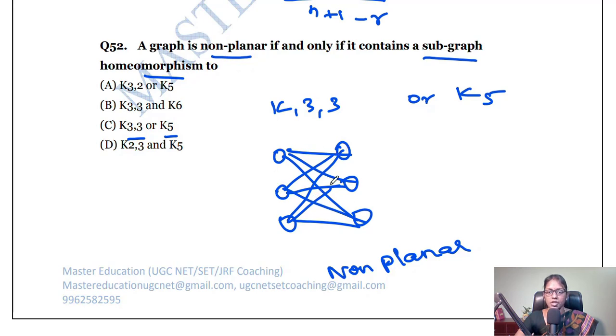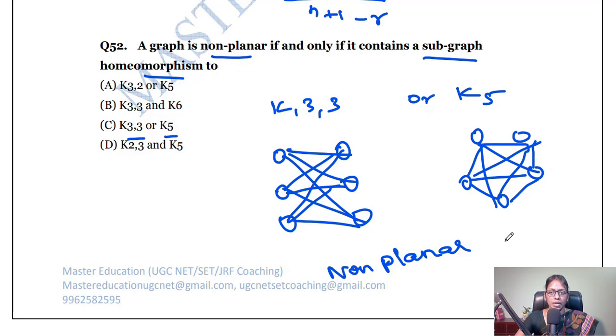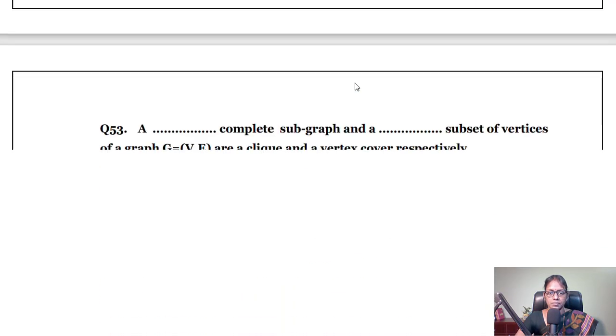So this graph is non-planar. For K5, with vertices 1, 2, 3, 4, 5, if connected like this, as a complete graph, it is also a non-planar graph. So K3,3 or K5 is non-planar.